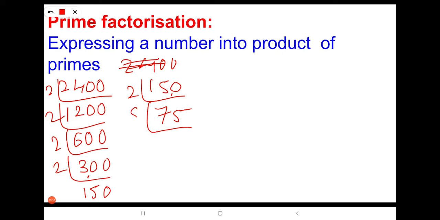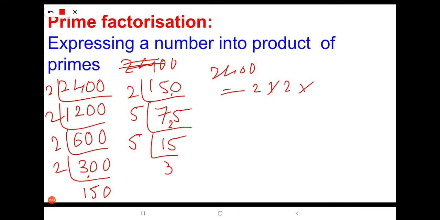Let us take the 5 table. 5 ones are 5, 2 is remaining, 5 fives are 25. Again take 5 threes. What is the prime factorization of 2400? 2 into 2 into 2 into 2 into 2, 5 into 5 into 3.